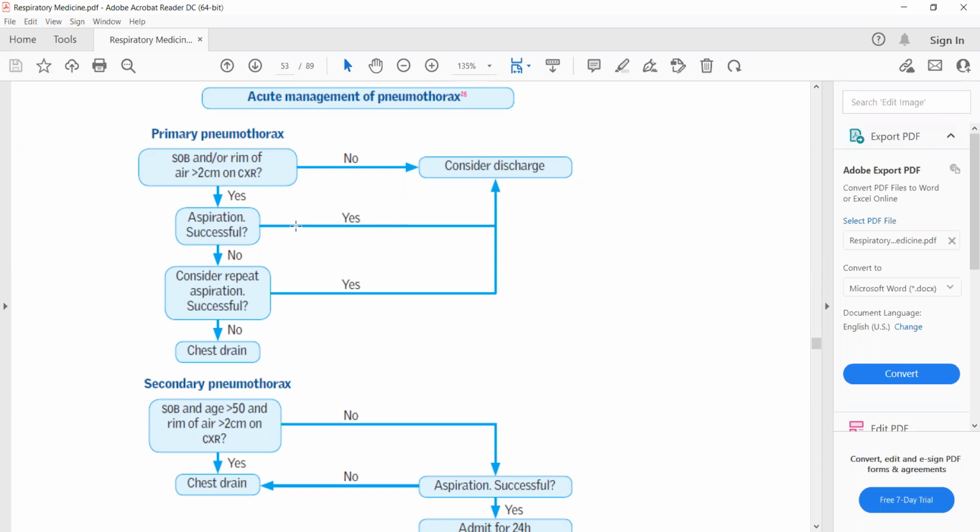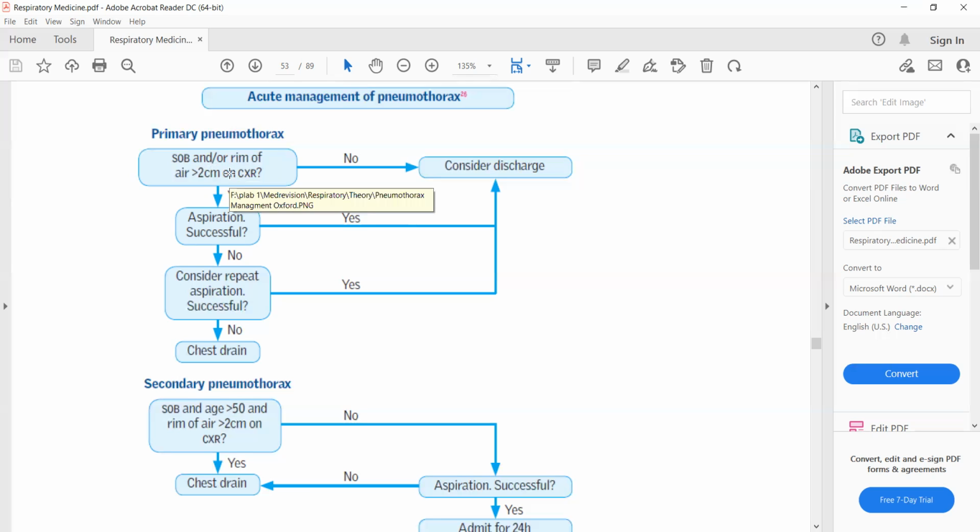And if needle aspiration is successful, then we'll consider discharging the patient. And if needle aspiration is not successful, then we'll repeat the needle aspiration. And if again the second needle aspiration is also not successful, then we'll put a chest drain in primary spontaneous pneumothorax as well. So again, patient is short of breath or rim of air is more than 2 centimeter.